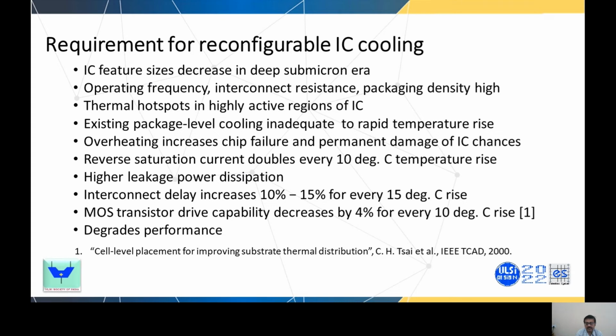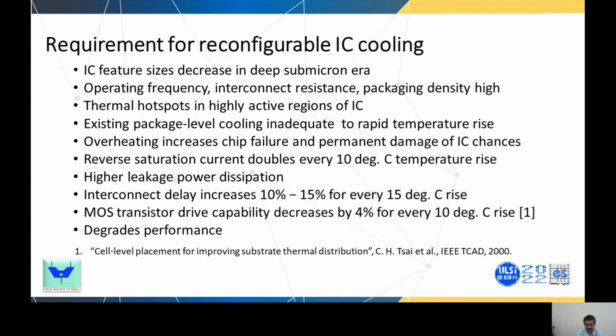As we have seen in past decades, the sizes of ICs have decreased through the sub-micron and deep sub-micron era, with high speed of operation, increased interconnect resistance and higher packaging density. So the power per unit area of the chip is high, the power density is high, which leads to overheating of the chips, which may cause chip failure or permanent damage.